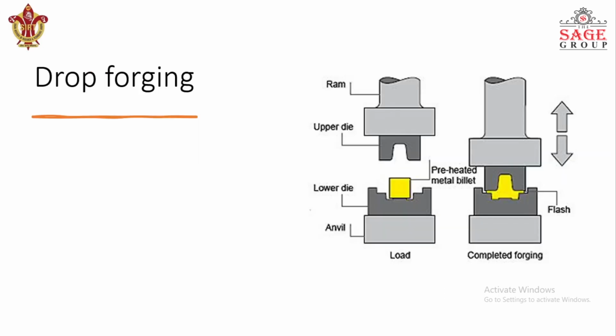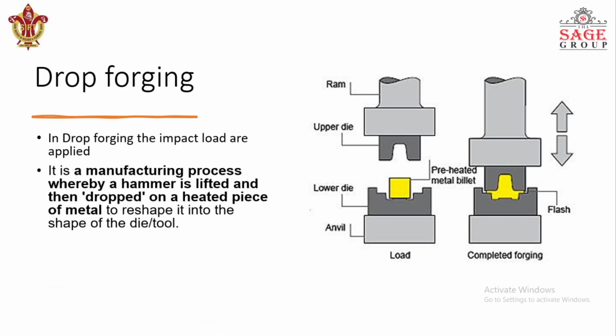The next type of forging is drop forging. As you can see in the figure, in drop forging, impact loads are applied. How will we apply the impact load? We will lift a heavy load to some height, and then we will release it, and it will hit the heated sample to convert it to the desired product shape.